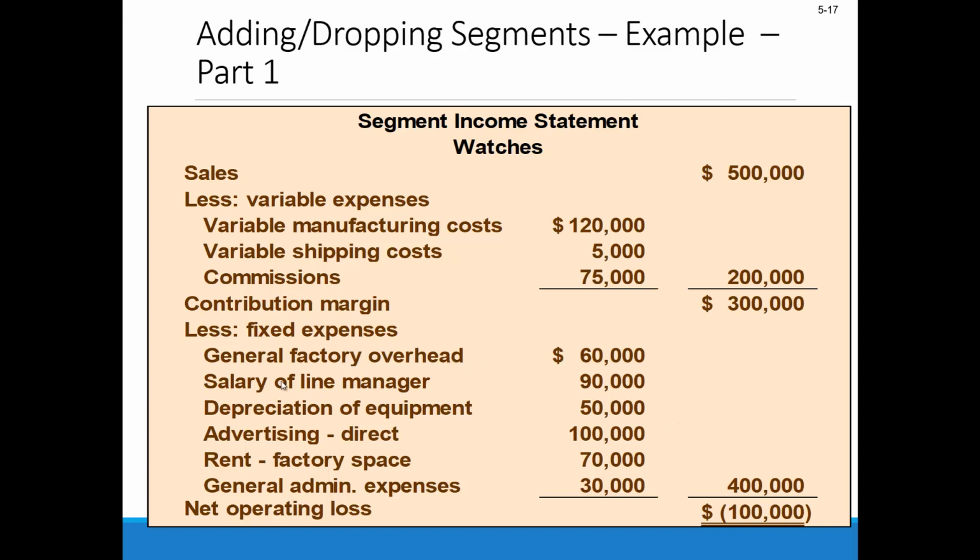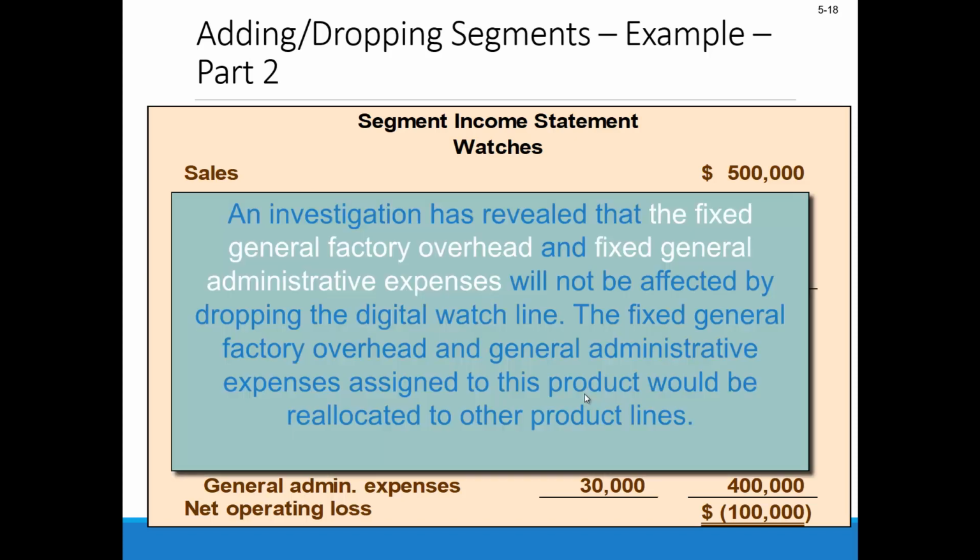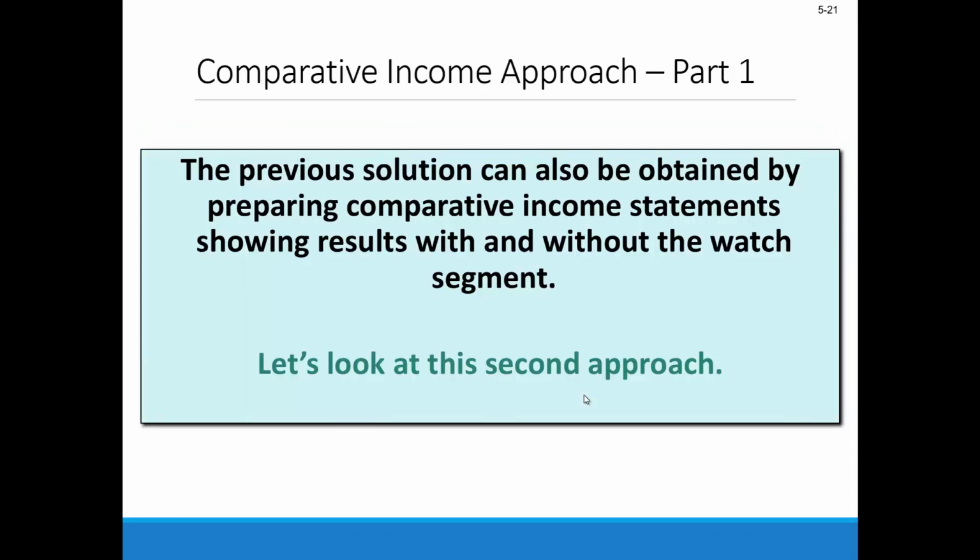Depreciation amounted to a sunk cost, and general admin expenses were similarly just allocated to product lines. So similar to our discussion in Chapter 6, sometimes our segment reporting can be potentially misleading if we don't account for the fact that some fixed expenses are traceable and avoidable and others are not.